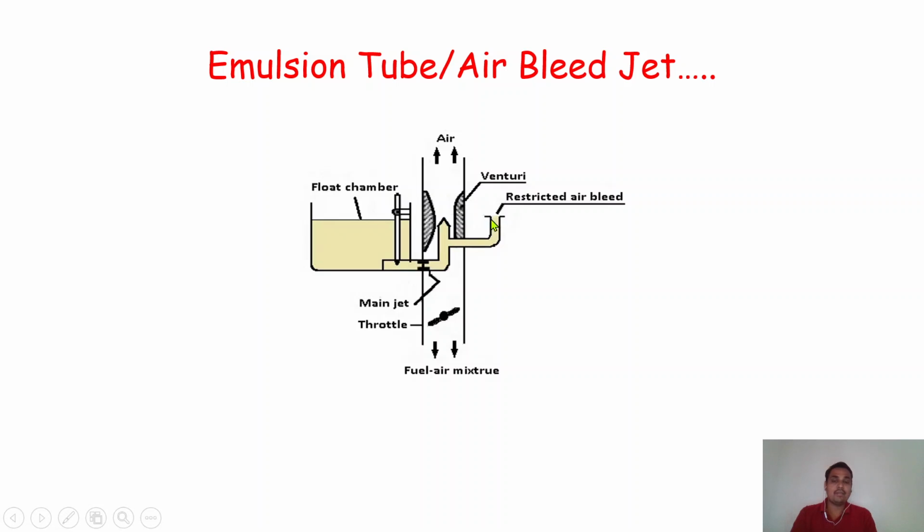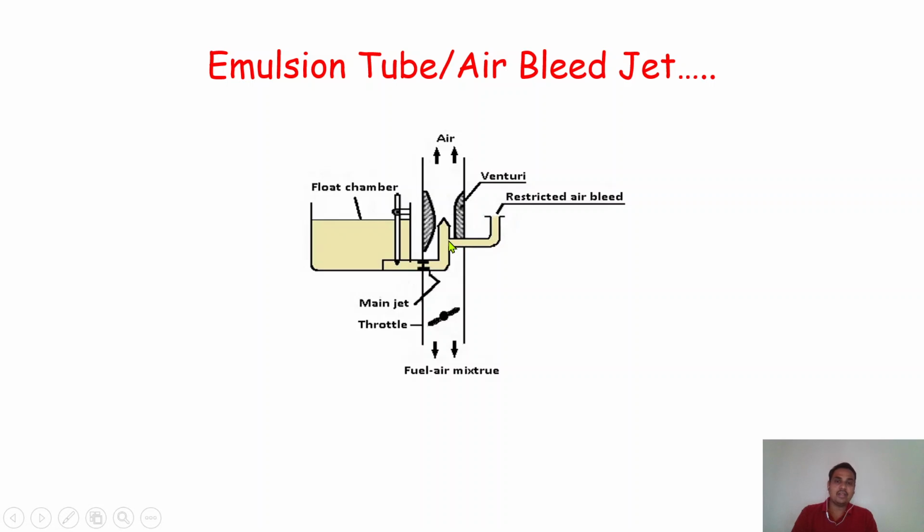So with the help of such kind of a restricted air bleed, we can maintain the pressure inside this main jet. Okay, and because of such kind of additional system, this particular carburetor is able to supply the required amount of air and fuel mixture to the engine cylinder. Okay, so this is something about the emulsion tube or air bleed jet.